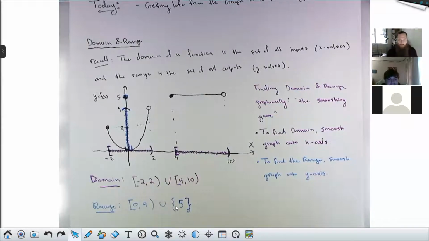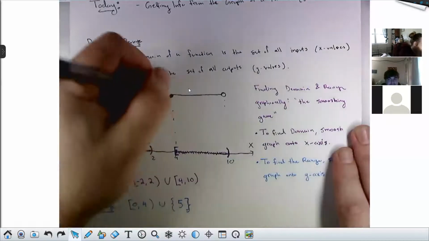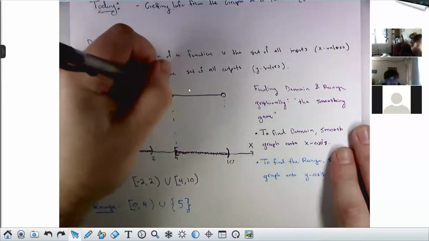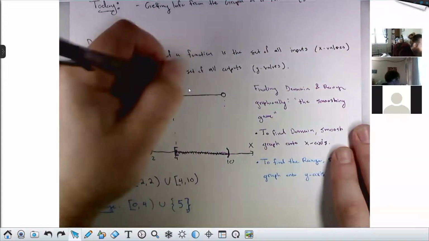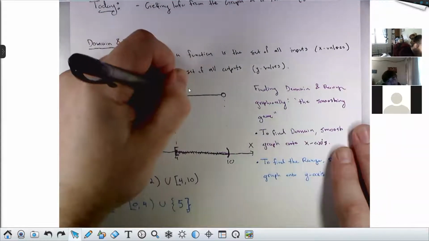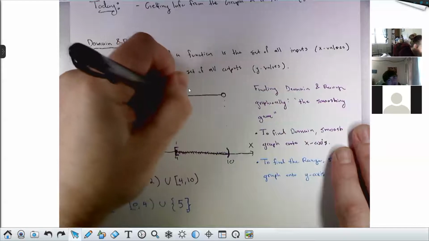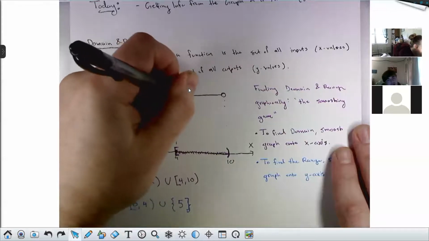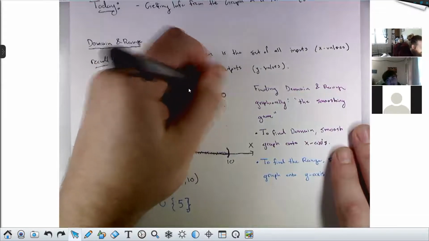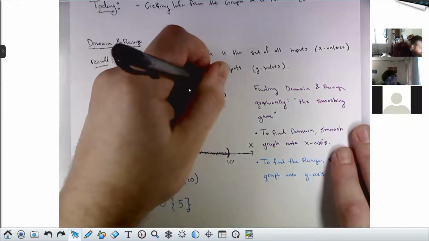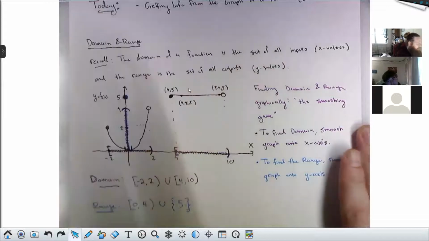So let's think of it like this. If I list some points that are up here explicitly, like this filled in one here is 4, 5. Right here, I might have 4.8, 5. Over here, I might have 9.9, 5.